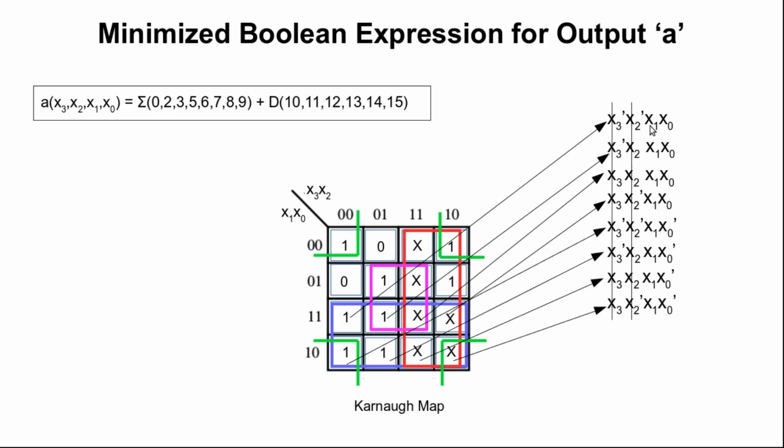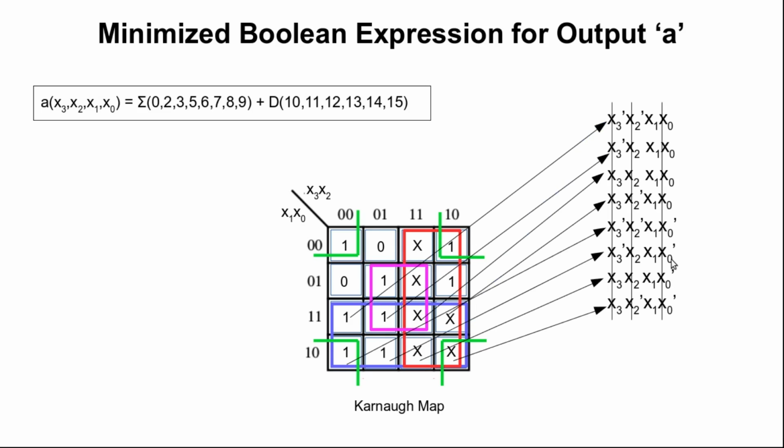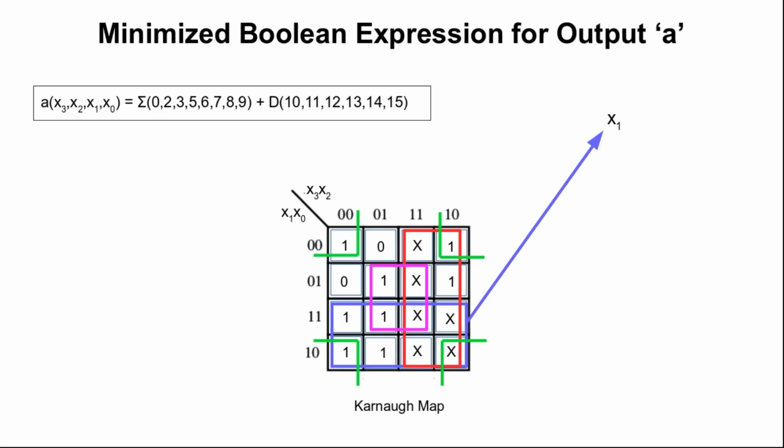However, x1 appears only in the uncomplemented form, and x0 appears in both complemented and uncomplemented form, so x0 can also be discarded. So only x1 is left, and hence the product term for the blue colored group is x1.